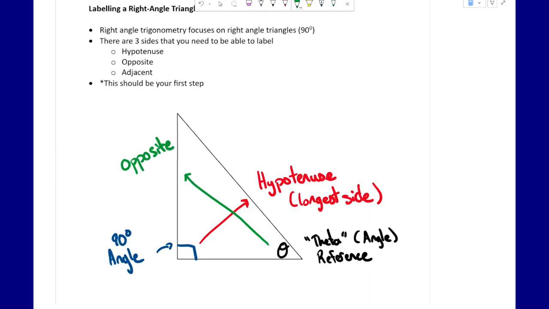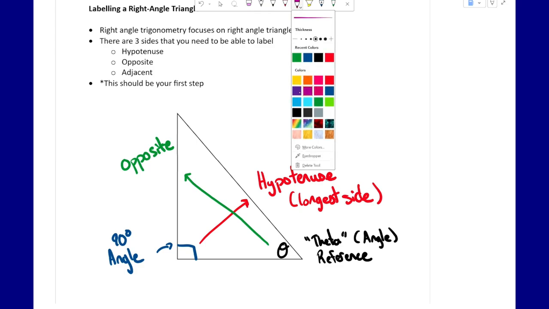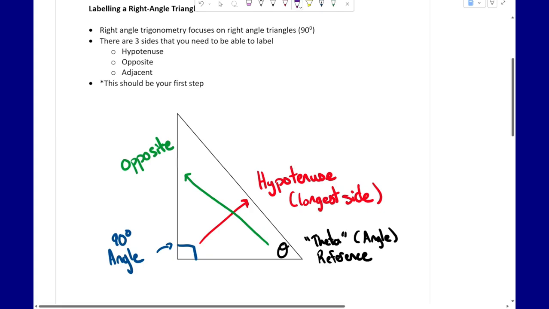So opposite of our angle is across from our unknown. And then our adjacent is the last remaining side. You could also think, well, the word adjacent means beside, and the adjacent side is beside our reference angle.